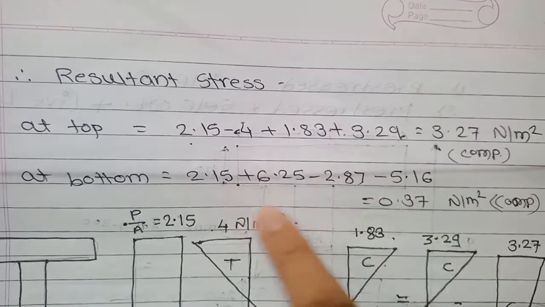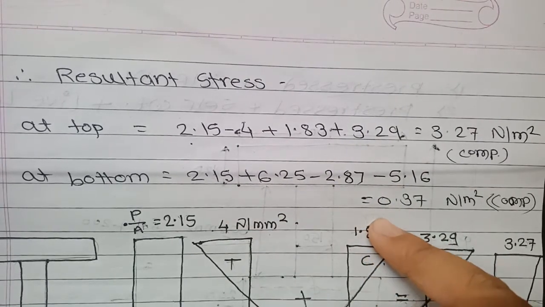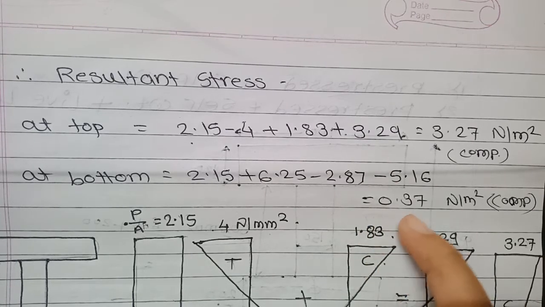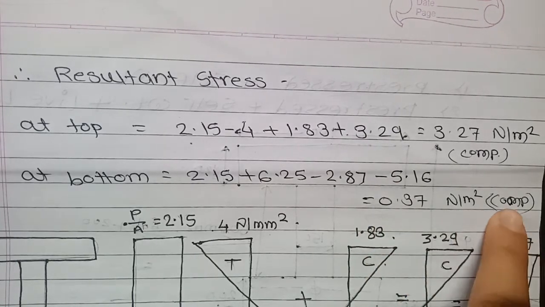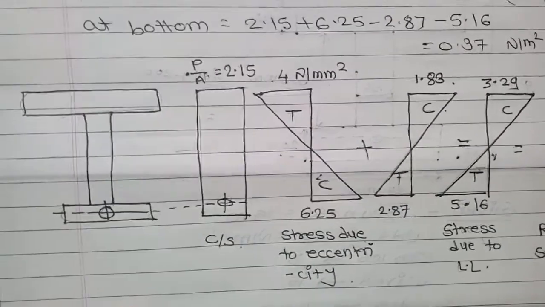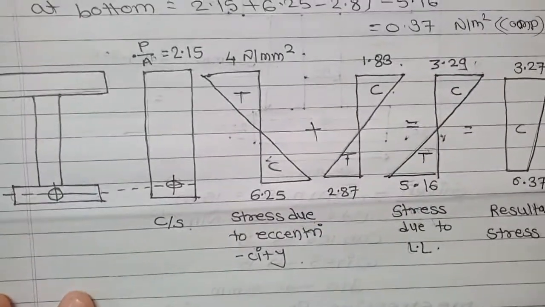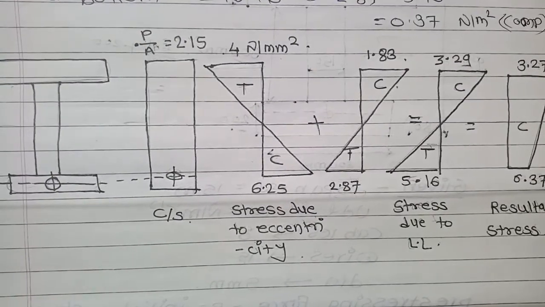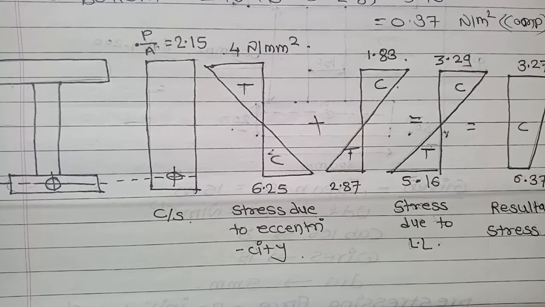If we calculate this, we get resultant stress at bottom, that is 0.37 Newton per mm square. It is positive, it is compression in nature. In pre-stressed concrete, the whole section is in compression. That's why no cracks are developed in pre-stressed concrete.